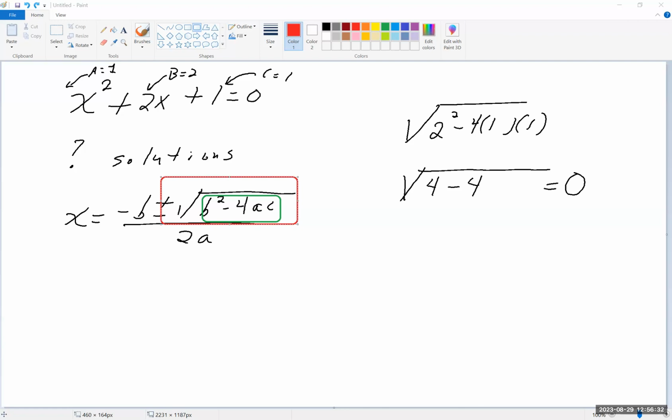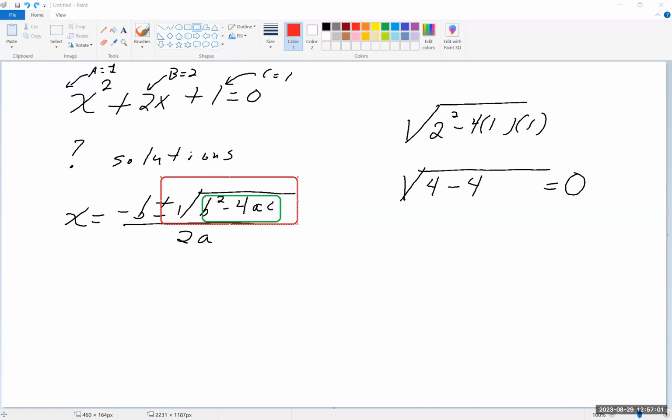And the equation was y equals x squared plus 2x plus 1.